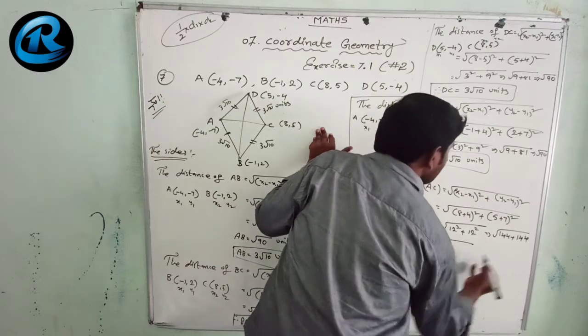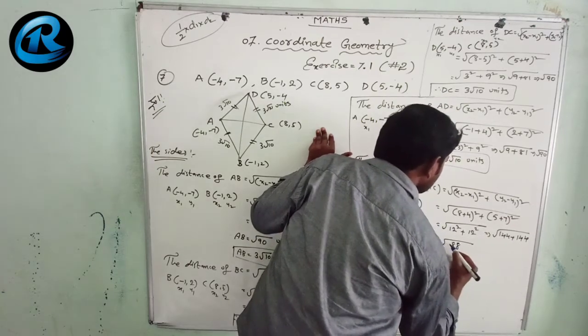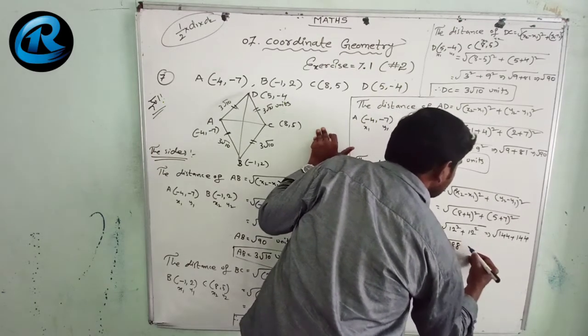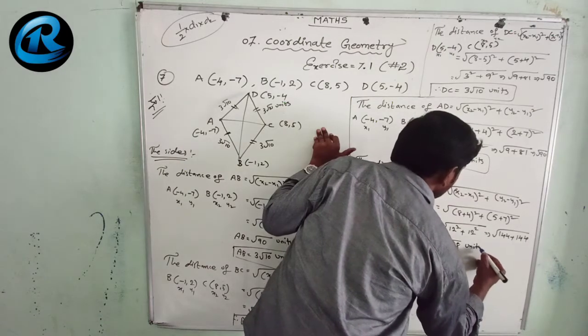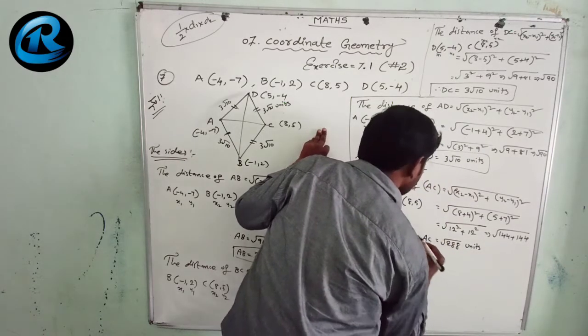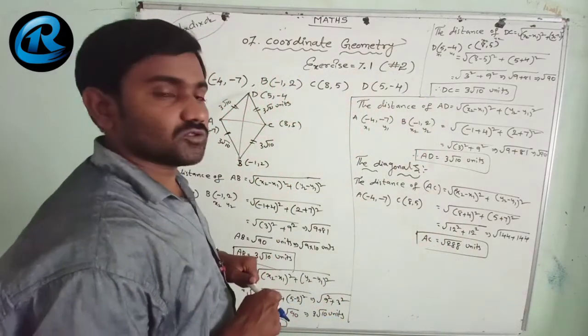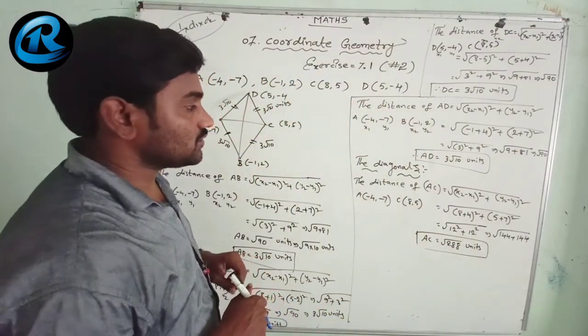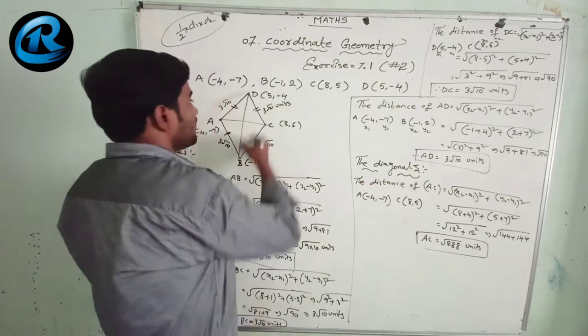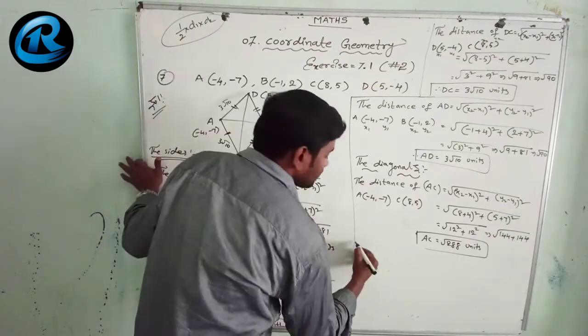So that is equal to 8 and 288 units, where AC equals 228 units. Now the diagonal BD distance we will also find out.